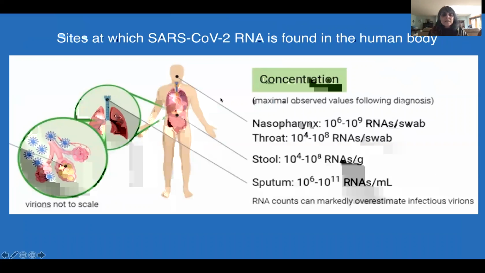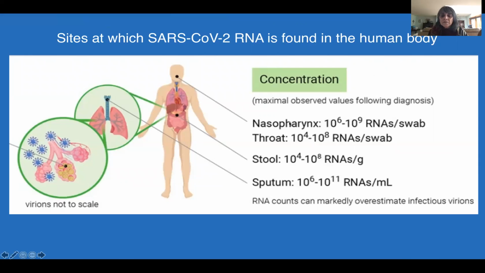And if we look at the sites in which SARS-CoV-2 RNA is found in the human body, based on RNA by PCR, there's between 1 million and 10 to the 9th RNA molecules per swab in the nasopharynx. So if you go get tested for the COVID test, this is what they're measuring.